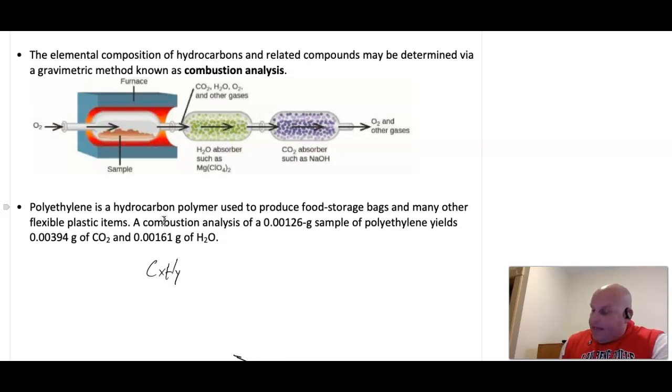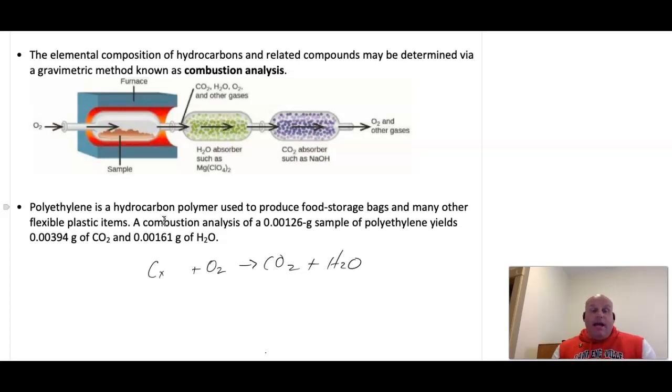So we would have that generic reaction for any hydrocarbon combustion. Let me just fix this quickly. Some combination of carbon and hydrogen is heated with oxygen, and we get the products of CO2 and water.